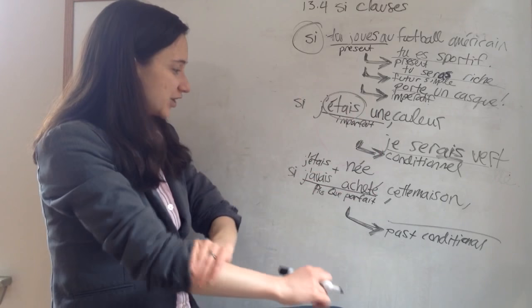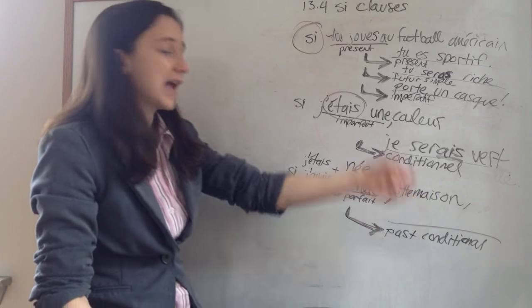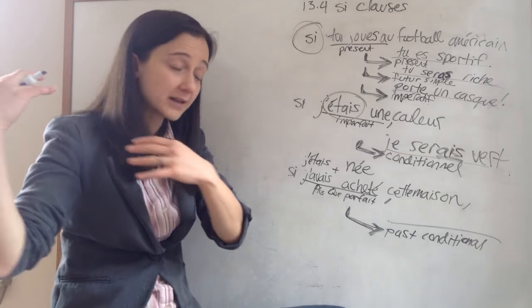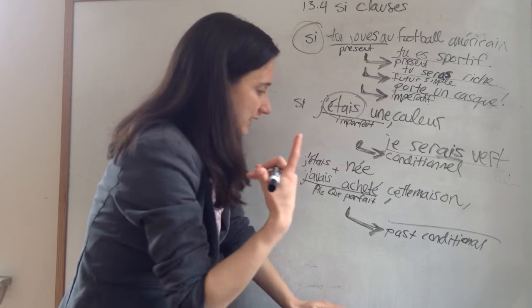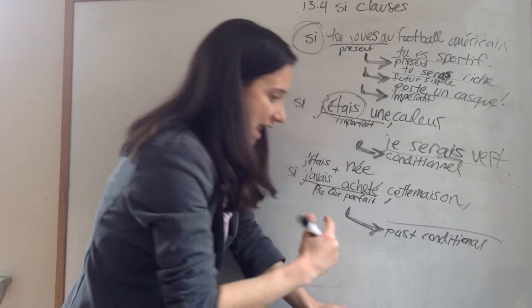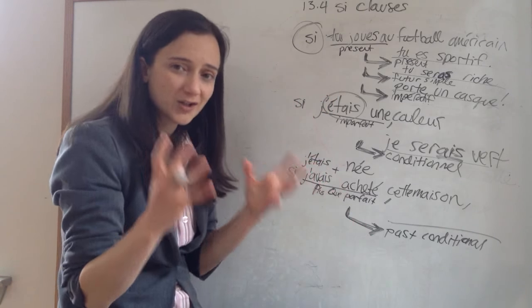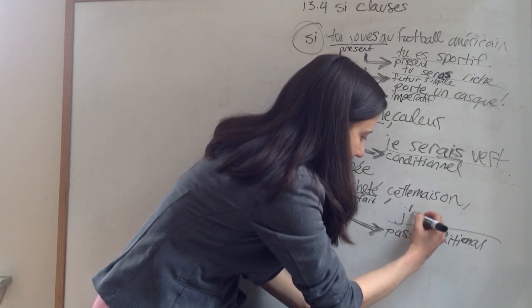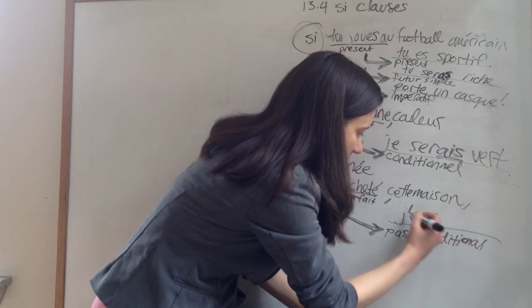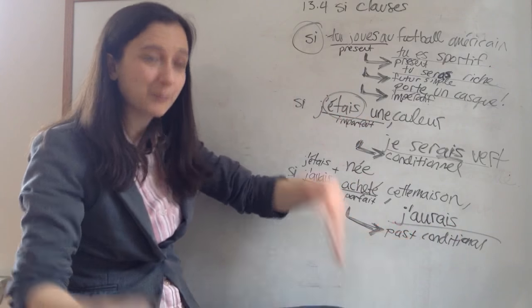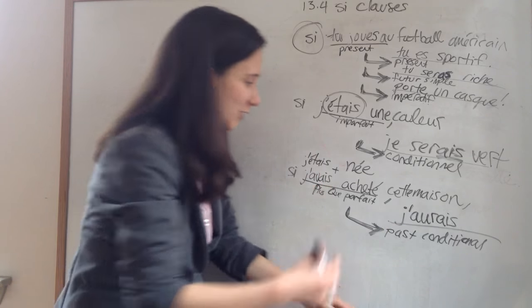So we had si j'avais acheté cette maison, if I had bought this house, opposite or contrary to past fact, then we're going to have a conditional tense, but it has to be the past conditional, and we're going to use the same format here. We're going to say avoir plus a past participle.